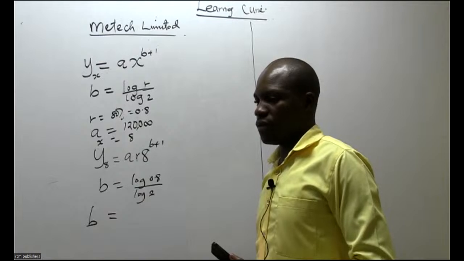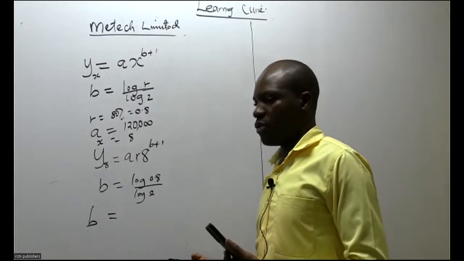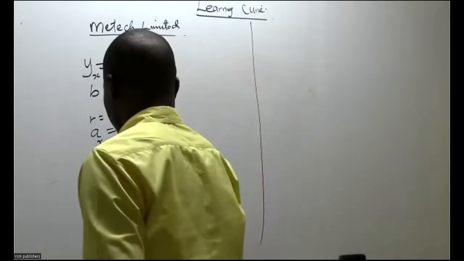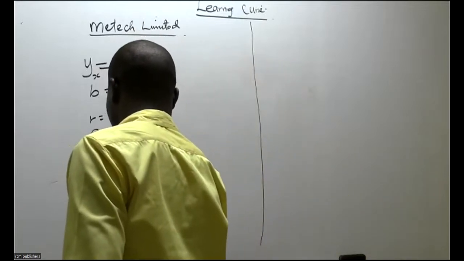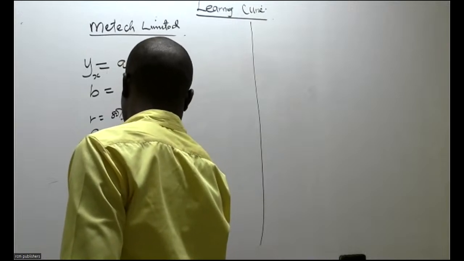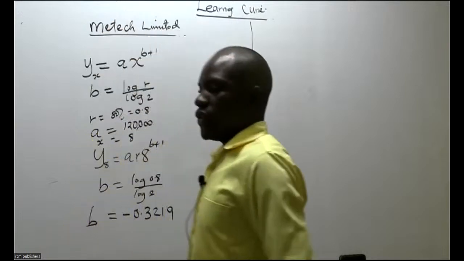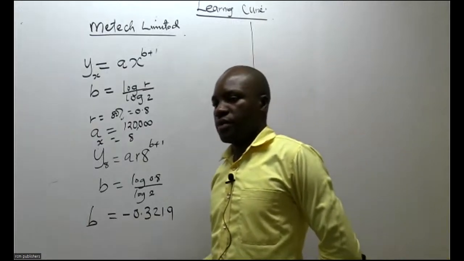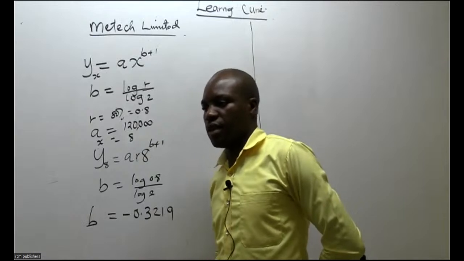What do you have, to at least 4 decimal places? Negative 0.3219. So is it now clear to all of us? Ross, confirm. Is it now clear?